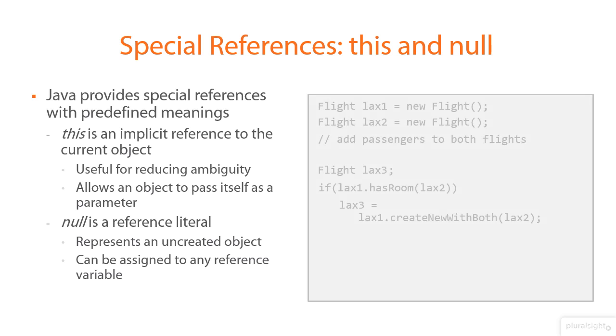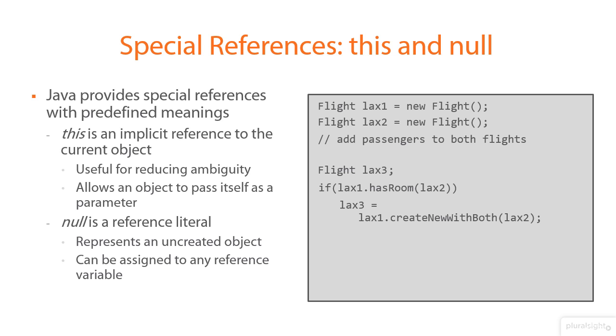So let's take a look at some code here. Remember that we wrote that code earlier where we declared our two flights, LAX1 and LAX2, and then we have our other flight, LAX3, that if there was room, we would assign a new flight instance to, with the combined passengers of LAX1 and LAX2. Well, this code as it's written creates a problem.